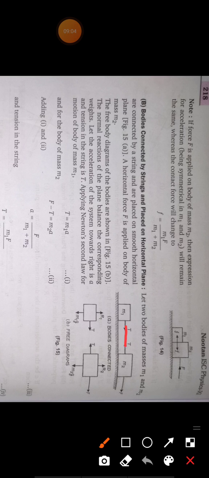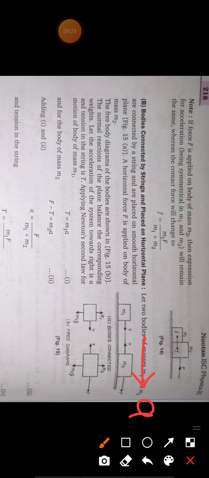They are connected by a thread, and we are applying an external force in this direction. So these two bodies, the combination of m1 and m2, will move in this direction, the positive x-axis, with some acceleration a.